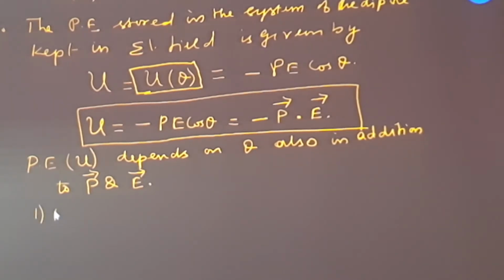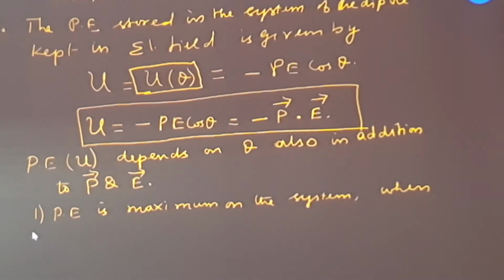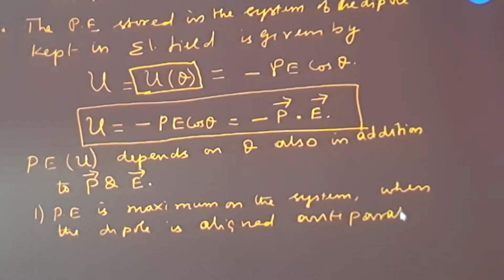Let us put number 1 and write: potential energy is maximum on the system when the dipole is aligned anti-parallel to the external electric field.